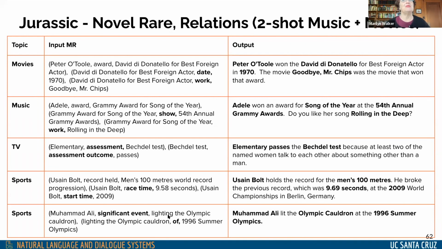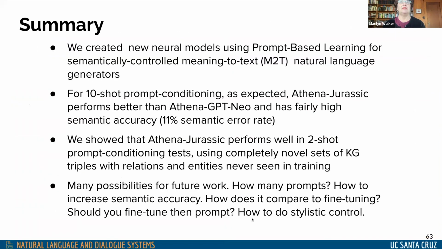Obviously, it only happens when the Olympics happen, so we would never write a template for that. But the output is absolutely correct that Muhammad Ali lit the Olympic cauldron at the 1996 Summer Olympics. So we're pretty excited about this potential that you can just take arbitrary sets of relations out of a knowledge graph and actually get the model to produce something coherent. Obviously, more work needs to be done.